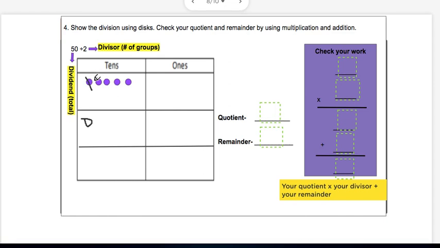I'm sorry, distributing. There's 1. There's 2. There's 3. There's 4. Uh-oh. If I put another disc here, my groups will be uneven. So what is this disc going to be?